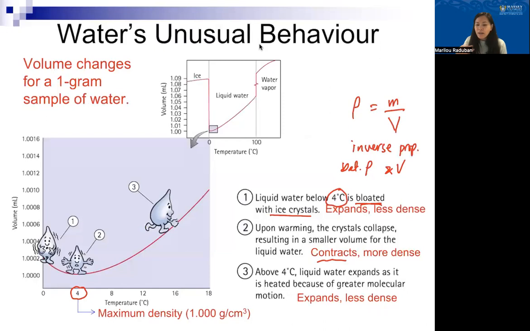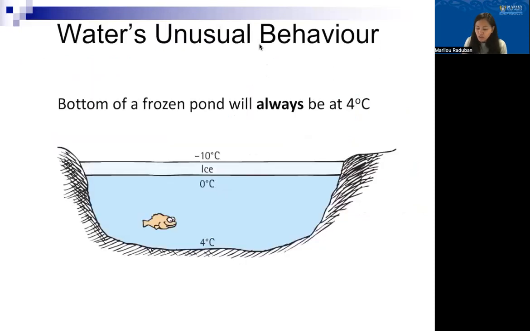So if you think about a frozen lake, do you think a frozen lake will freeze all throughout from the surface to the bottom? It's probably unlikely. Yeah, it's unlikely for a lake to freeze over all throughout because of water's unusual behavior.